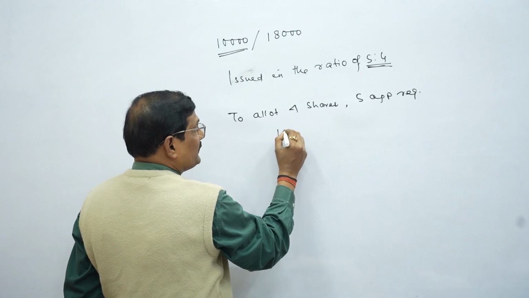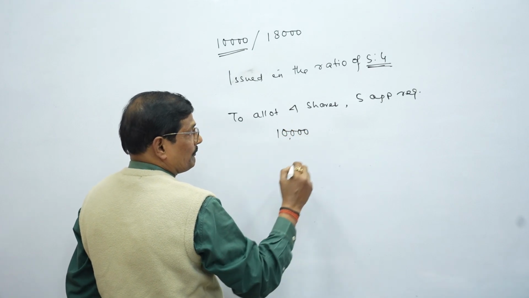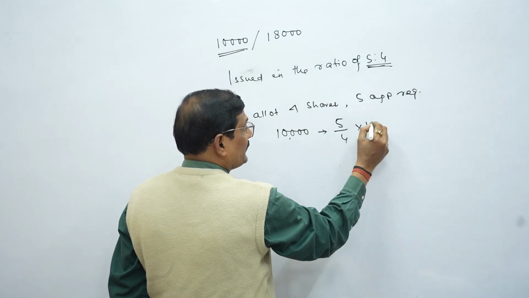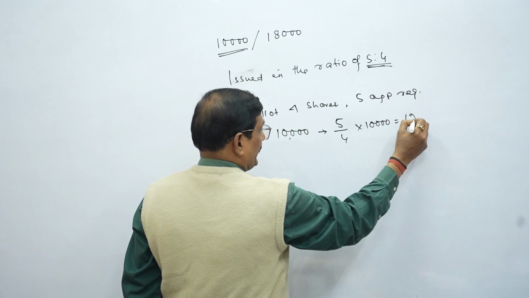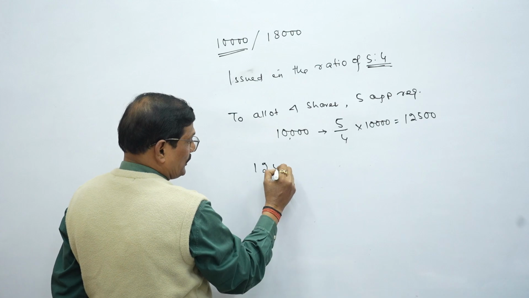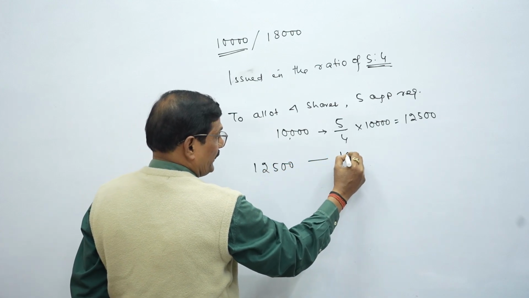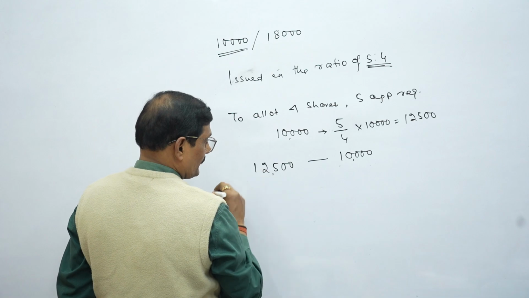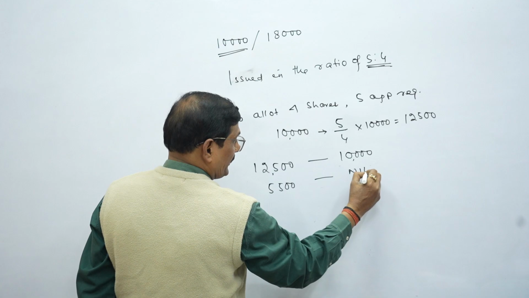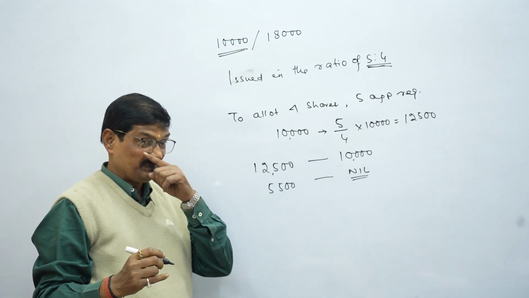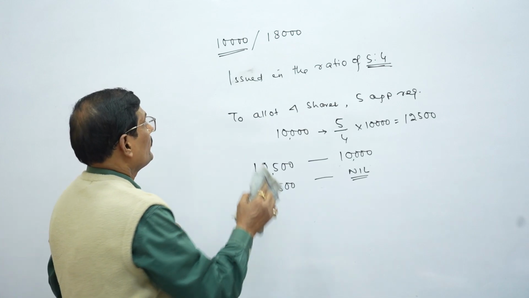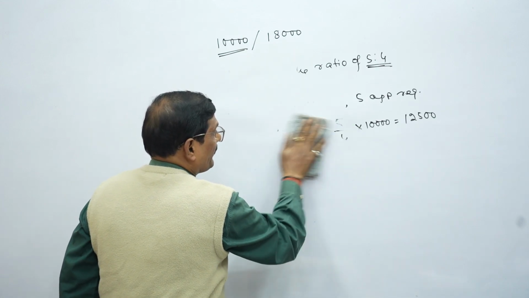So to allot 10,000 shares, the number of applications required will be 5/4 into 10,000, that is 12,500 applications. So applied for 12,500, allotted 10,000, and applications for 5,500 were rejected, or allotted nil. These are normal calculations as we do. Right?